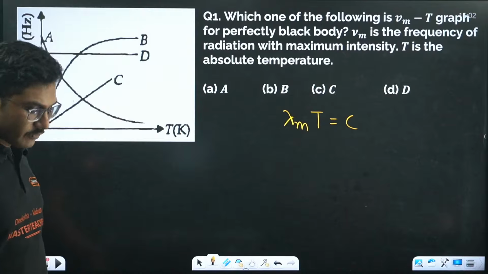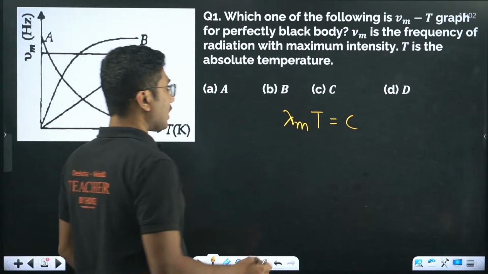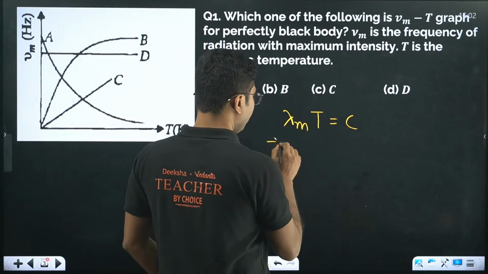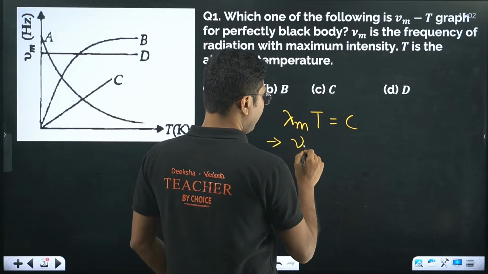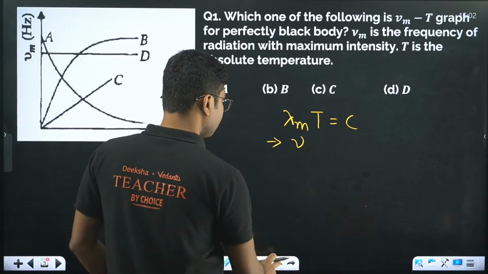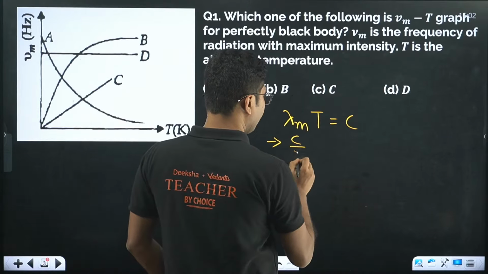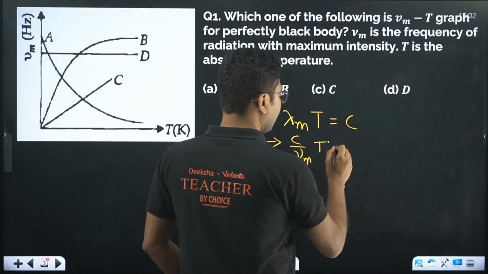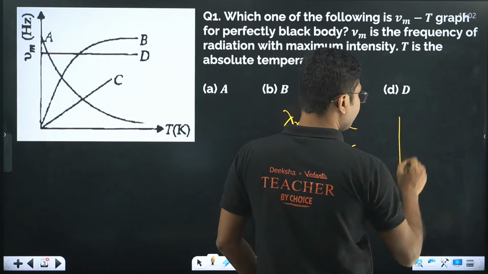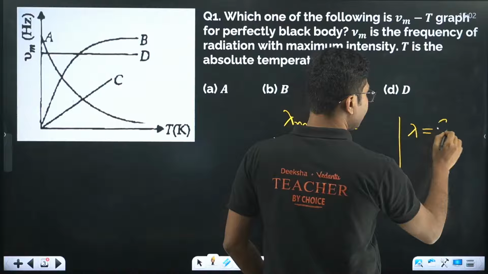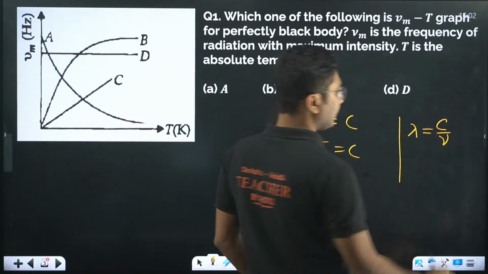So how to convert wavelength into frequency? To convert wavelength into frequency we have to use C upon nu-m into T equals a constant. Why? Because we know that lambda is equal to C upon frequency, right?